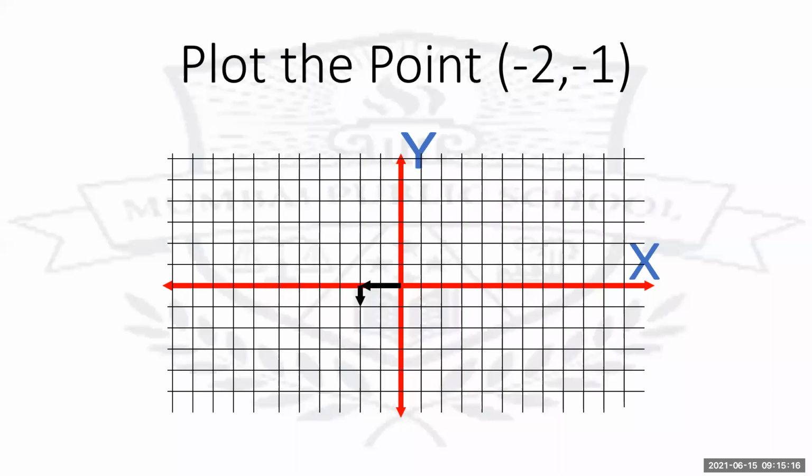So this point is minus 2 comma minus 1. Is this understood to all the students? As the x coordinate is negative here, you move towards the left hand side. And it is minus 1, so you move 1 position down.